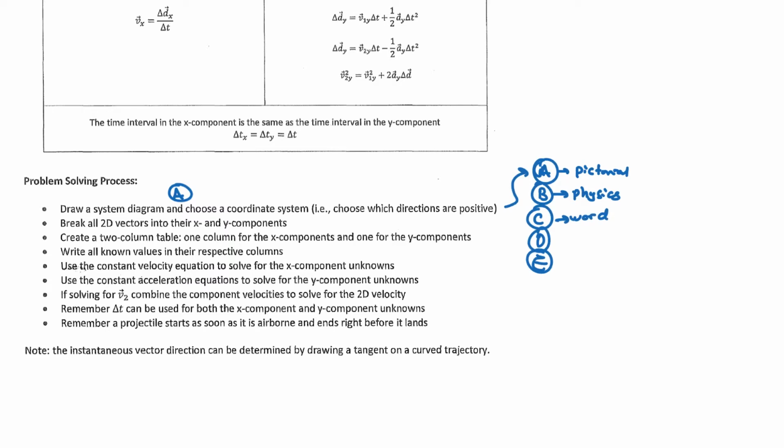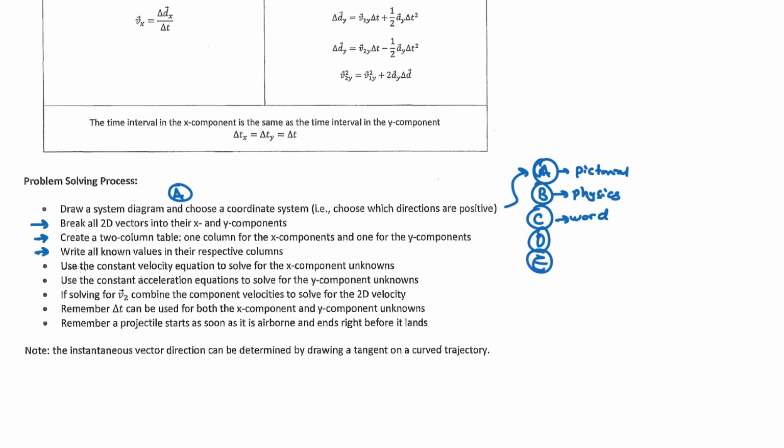And then for the rest, for part D, you want to break all of the two-dimensional vectors into x and y components, or horizontal and vertical. You can use this method, you don't have to, but you can create a 2-column table, one for the x component and one for the y component.